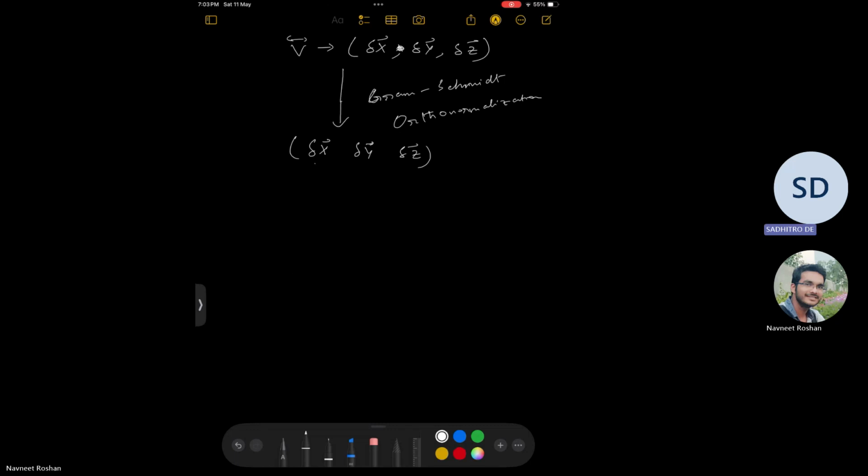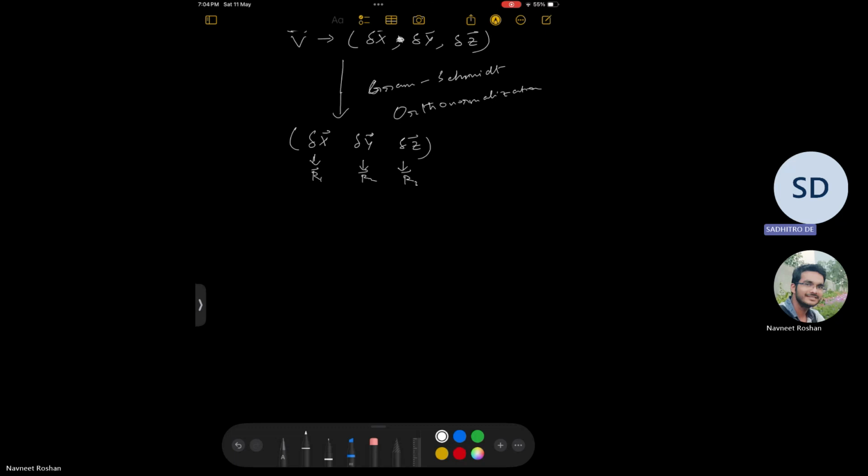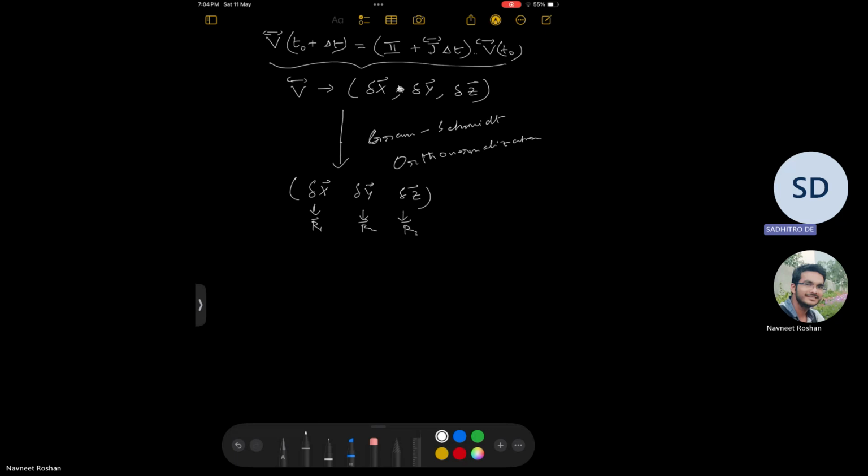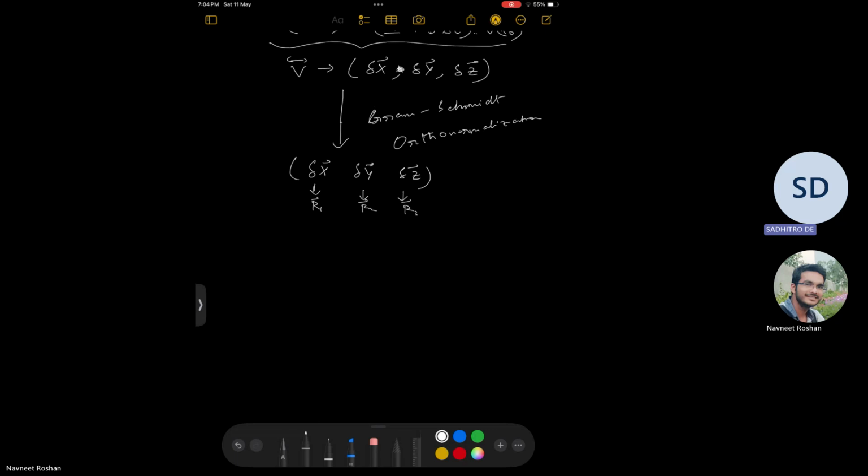You take the first direction, or you can say for simplicity R1, R2, and R3. So R1 basically corresponds to the largest expanding direction. So what we do is that we evaluate the sizes of the perturbation vectors, and we see which one is the largest of delta x, delta y, and delta z. The largest one will correspond to the largest Lyapunov exponent, which is lambda 1. So suppose this one corresponds to lambda 1, this one to lambda 2, this one to lambda 3, and the order is like this.